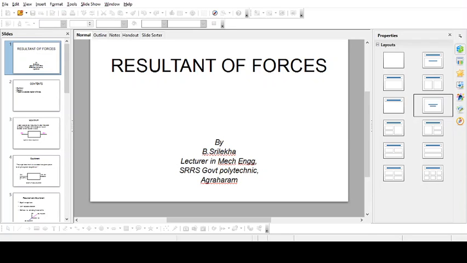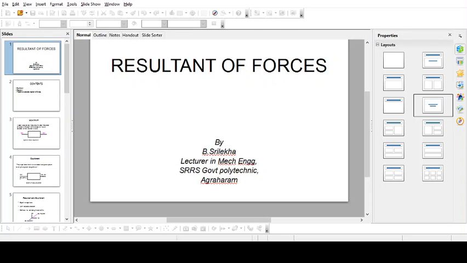Alpha is the angle between Q and R, beta is the angle between R and P, and gamma is the angle between P and Q respectively. Yesterday we also solved various problems related to Lami's theorem.